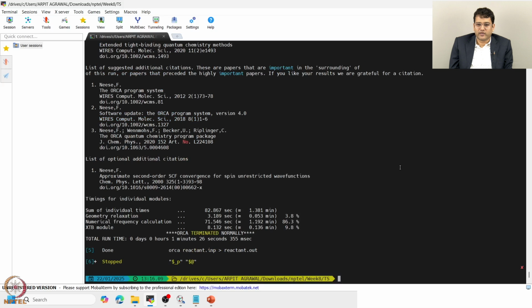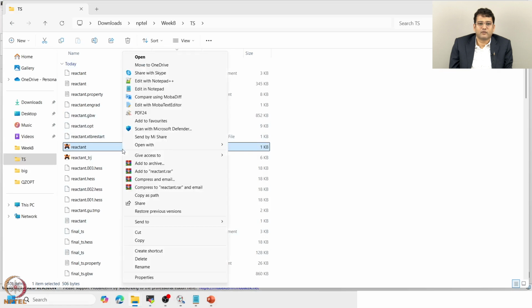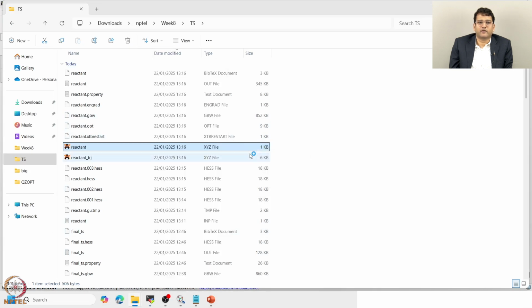So what I will do here is start with the reactant structure. My reactant is optimized, so I will go to the reactant.xyz file. I will open it with ChemCraft.